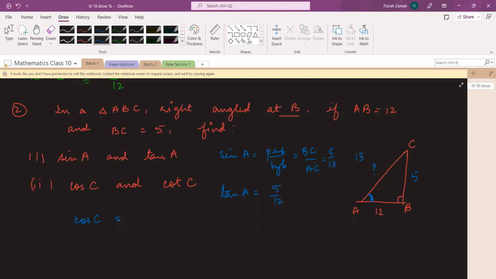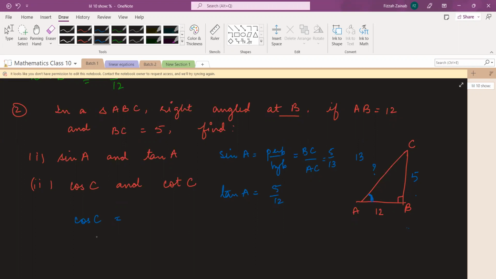Arshia, now tell me cos C. Thirteen by 12.